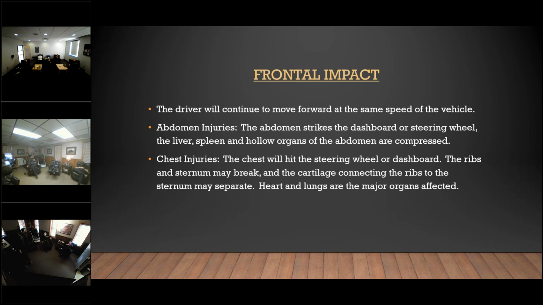Other injuries, specifically with the heart, we could see cardiac contusion, where we have bruising on the heart, and then that could also lead to pericardial tamponade. With tamponade, we actually have fluid buildup around the lining of the heart, and it impedes the heart's ability to get preload and afterload when it is pumping blood to the rest of the body.